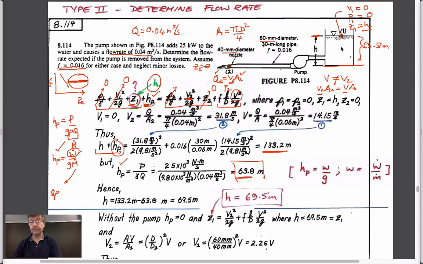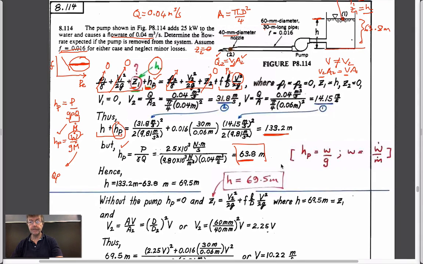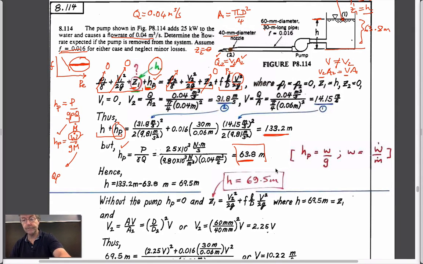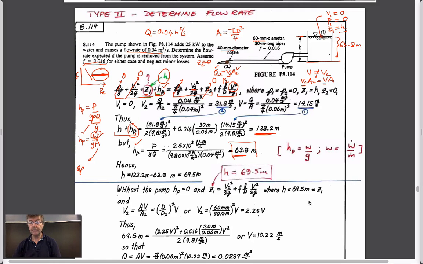For the second part, upstream, we know that H1 is equal to 69.5 meters. Big tank, atmospheric pressure, so we know everything upstream.